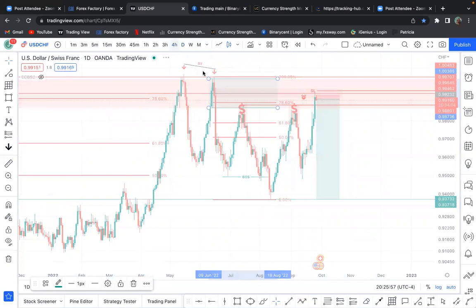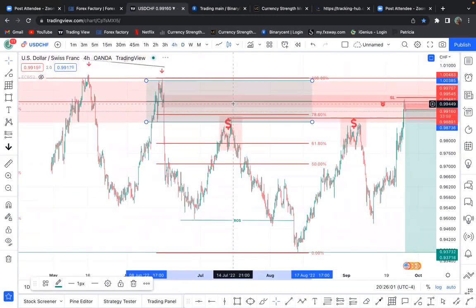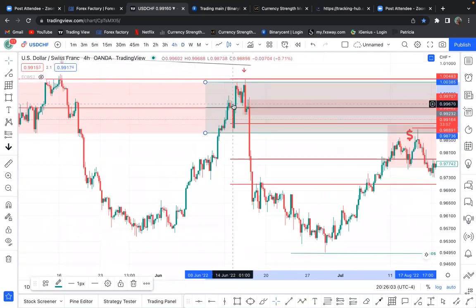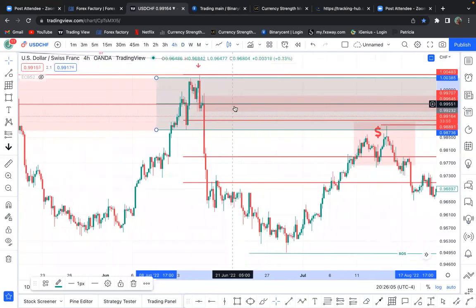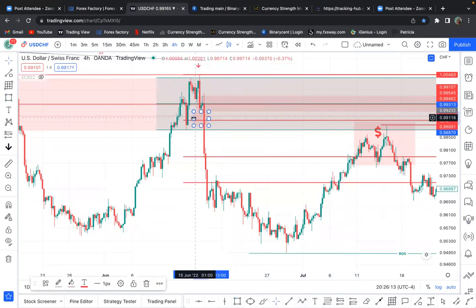Okay, so I drop back down to the 4 hour, and then in that area of supply on the 4 hour, there's actually a huge imbalance. That gave me more confidence, because I knew the market has to come and fill this imbalance. And at the back of the imbalance, or let's say the front, is this the front? Okay, no, this is going to be the front.